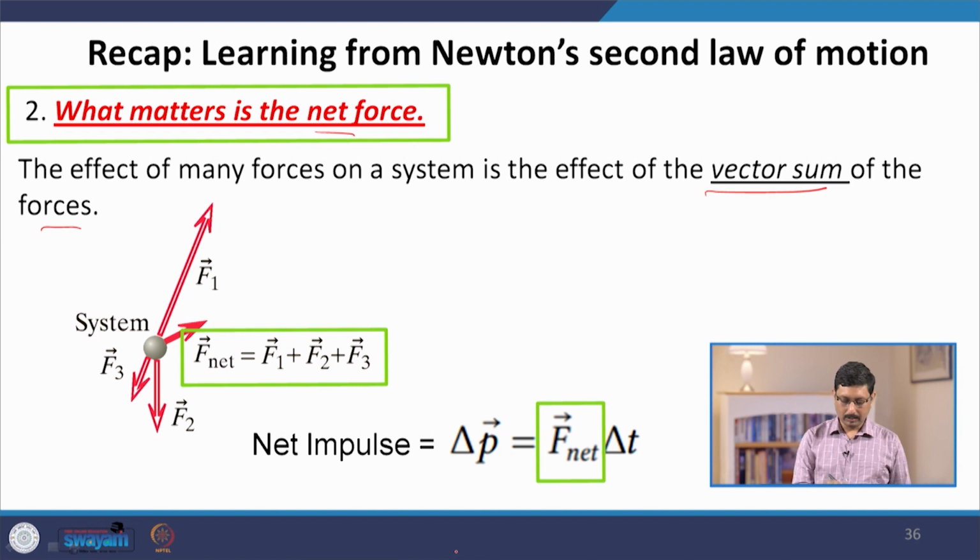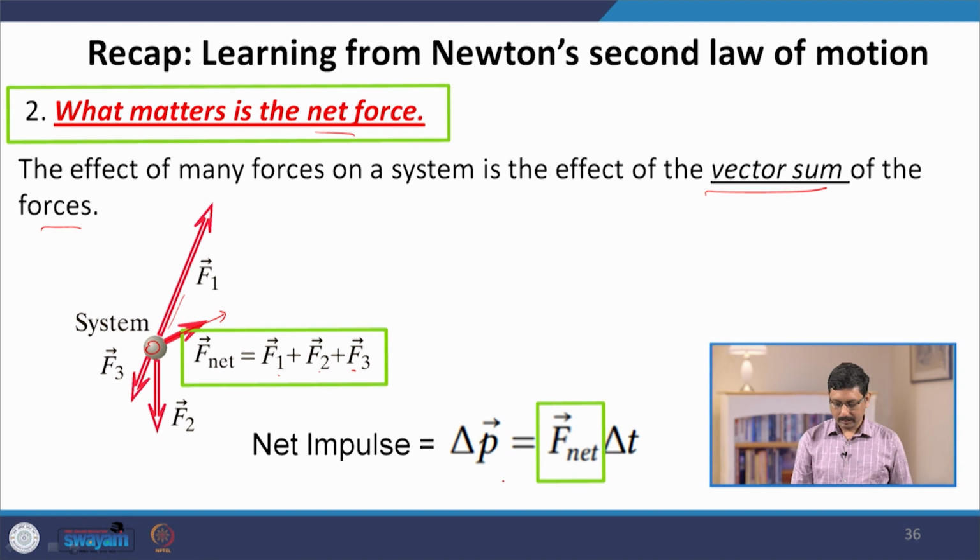For example, in this picture which we discussed in the last lecture as well, this is our system, let us say some particle, on which there are 3 forces acting. The particle will move in the direction of neither F1 nor F2 nor F3, but in the direction of the net or total force, which is the vector sum F1 plus F2 plus F3.